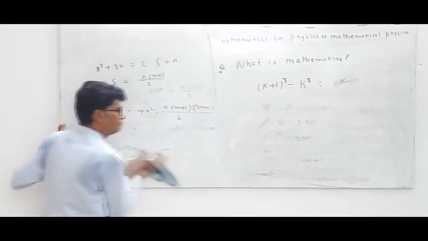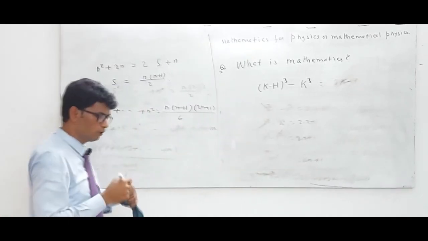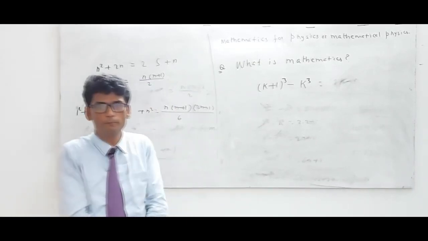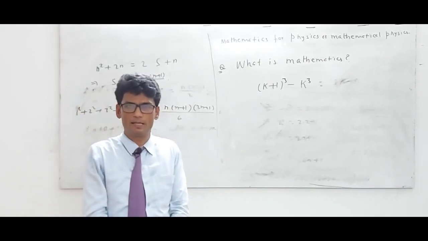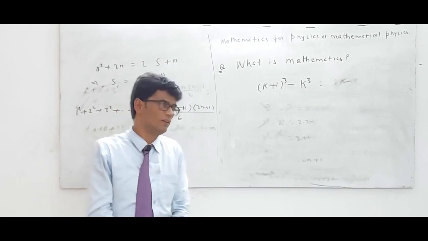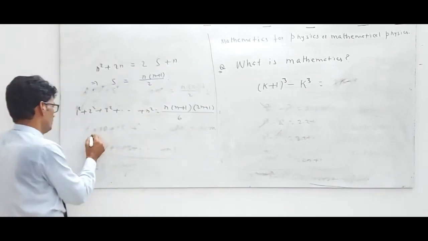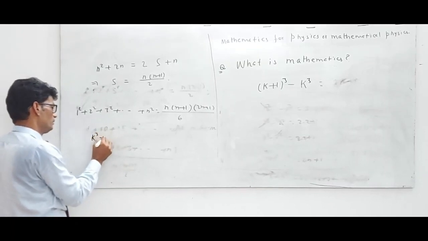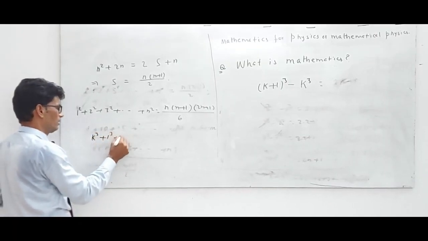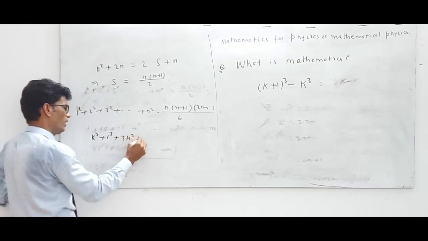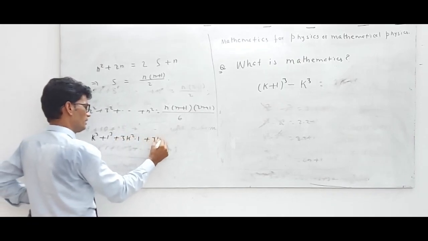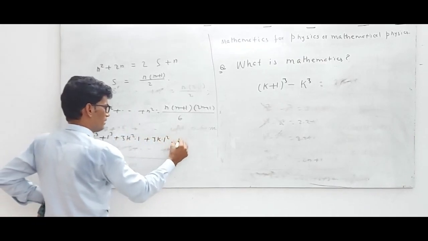and then put it there. So a plus b whole cube, as we all know, is a cubed plus b cubed plus thrice a square b plus thrice a b square. So use the result there. This is k cubed plus 1 cubed plus thrice k square into 1 plus thrice k into 1 square, minus k cubed.